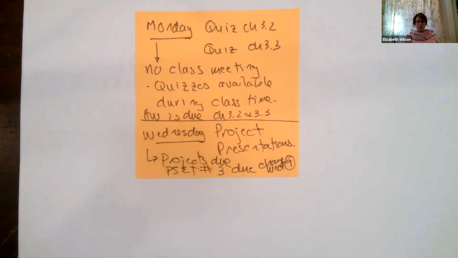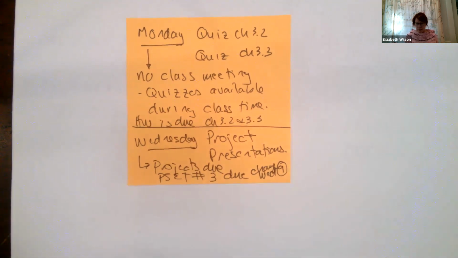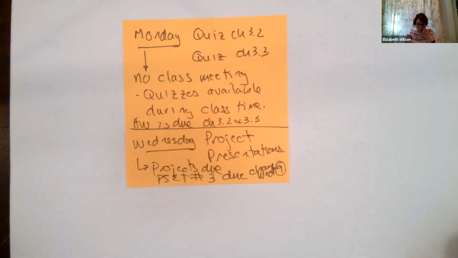But the presentation is just so that we can all hear and share what everybody else has been working on, because I think that can be fun. Plus, it will give you a chance to practice presenting in an environment where people are not hostile. This is not a hostile audience. So it gives you a chance to practice things. So you can expect that next Wednesday.